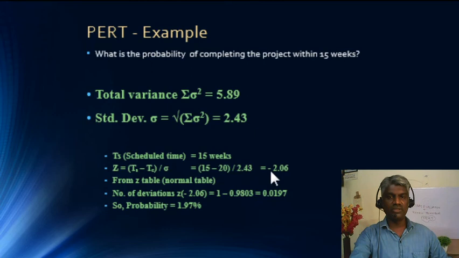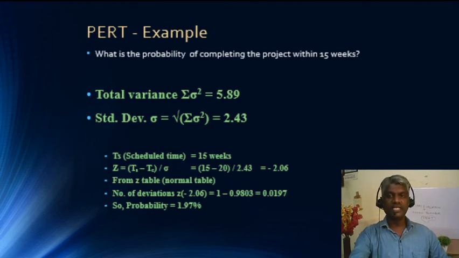So one more piece of information: when the scheduled time is less than the estimated time of completion of the project, we have to subtract the area under the curve value from 1. When the scheduled time is more than the estimated time, there is no problem.